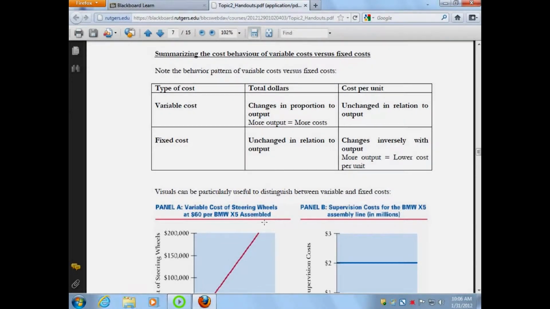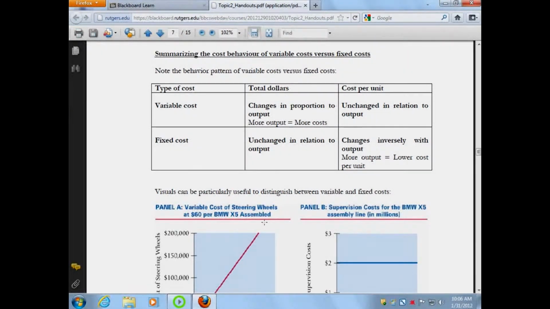Remember, the terminology variable and fixed refers to how those costs behave in total dollars or in per unit dollars. When you talk about costs being variable or costs being fixed, are you referring to their behavior on a total dollar basis, or are you referring to their behavior on an average per unit basis? On a total dollar basis, right?